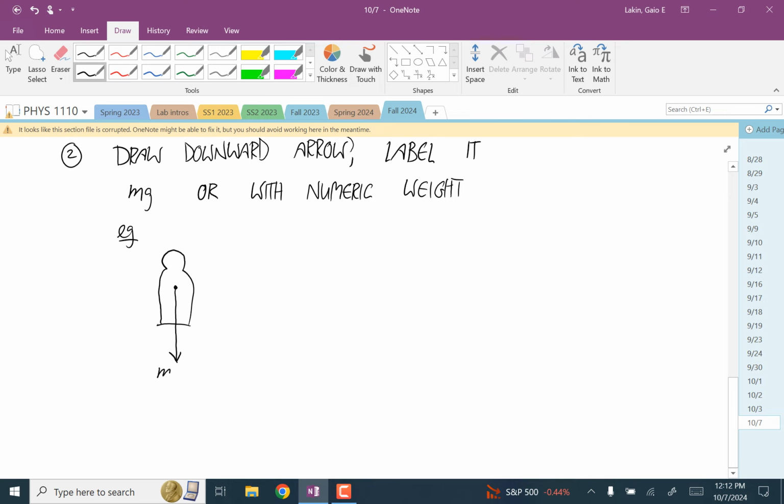And you can either label it mg and do that calculation later, or in the previous examples on Wednesday, I think I said this person's mass was 100 kilograms. So 100 kilograms times 9.81 would be 981 newtons. Okay.